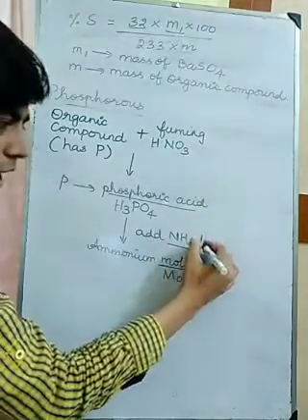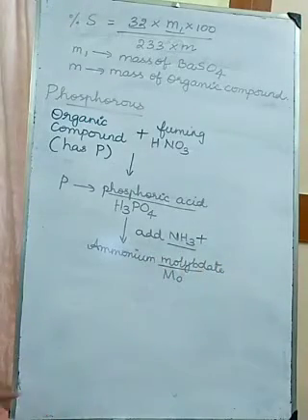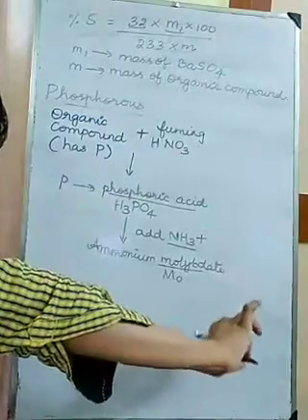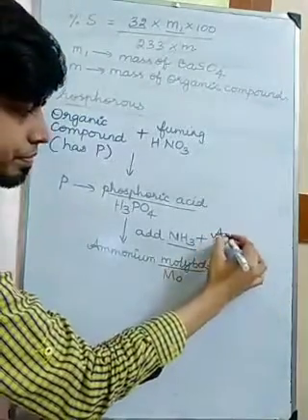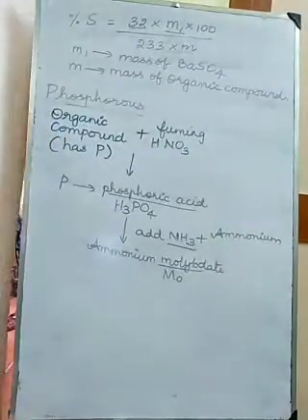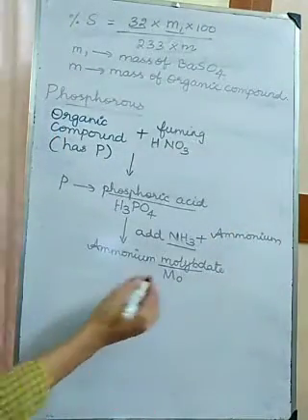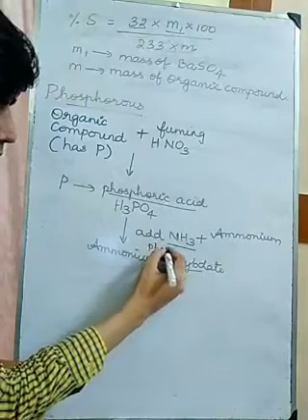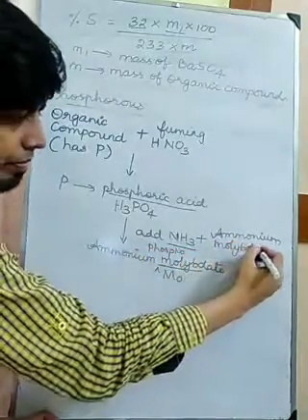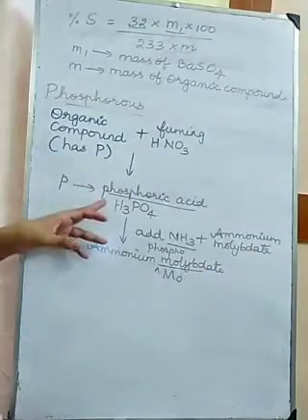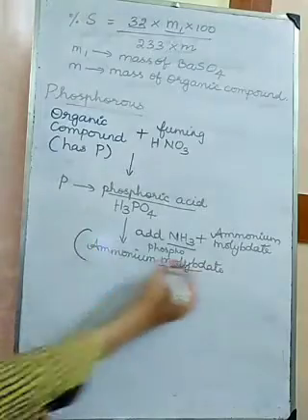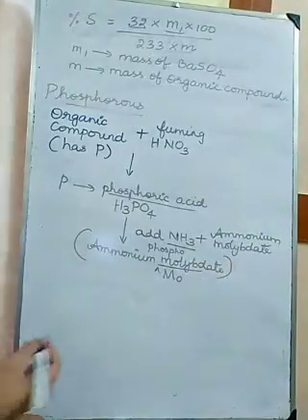Because along with ammonia, we have to add another compound, ammonium molybdate. So along with phosphoric acid, if you add ammonia and ammonium molybdate, you will get the precipitate ammonium phosphomolybdate.